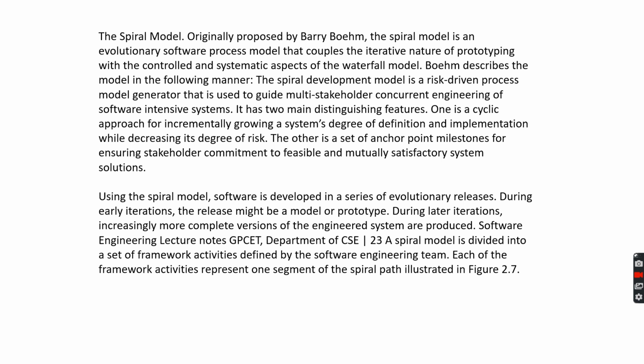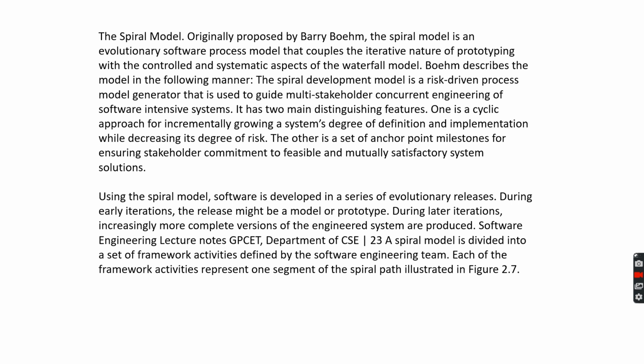This is the fourth type of process model, that is the spiral model. It was proposed by Barry Boehm, and it combines the iterative nature of prototyping with the controlled and systematic aspects of the waterfall model. So basically this is an upgraded version of the waterfall model, the first model we discussed in the class today.